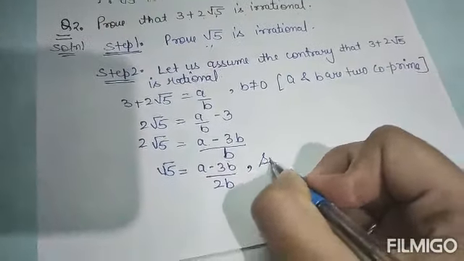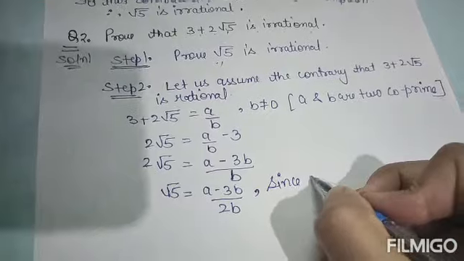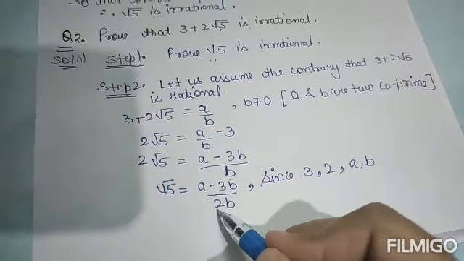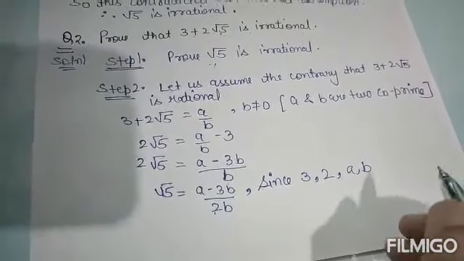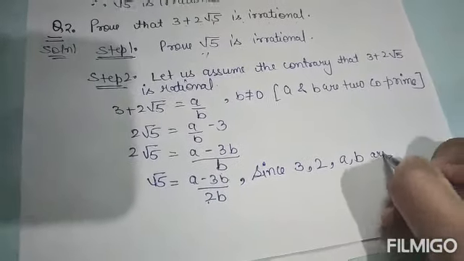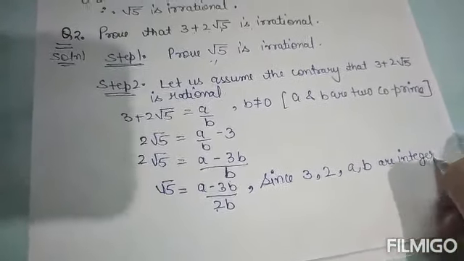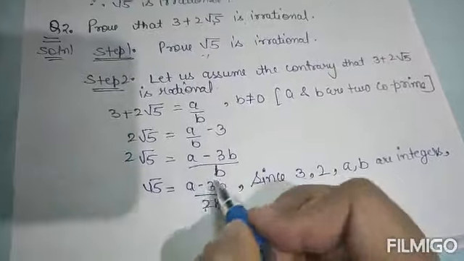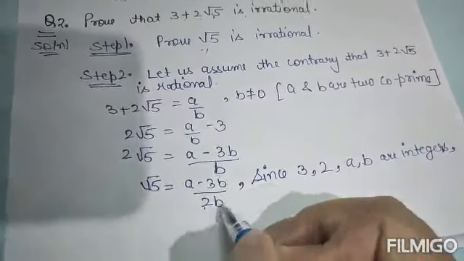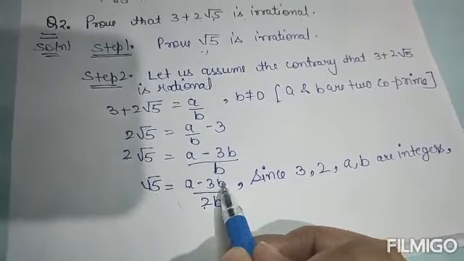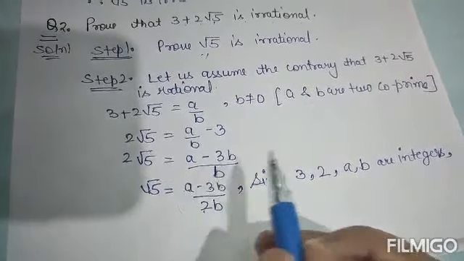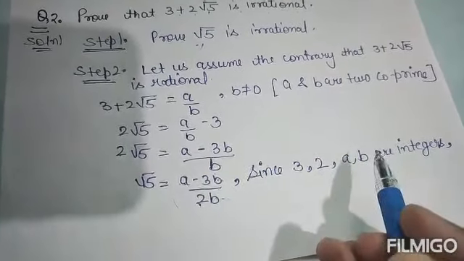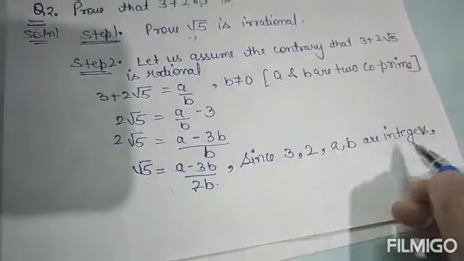So look, since 3, 2, a, b, these all are integers. We know that. This implies that this whole is also an integer. Why? क्योंकि if we subtract two integers, the answer will also be an integer. If we multiply two numbers, it will also become an integer, and this has become the whole integer.